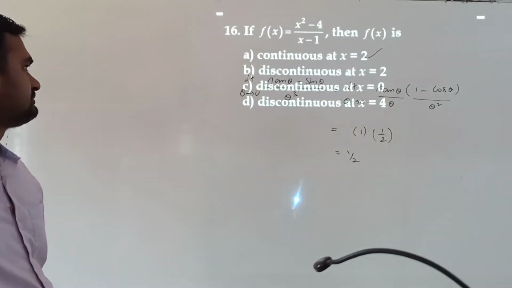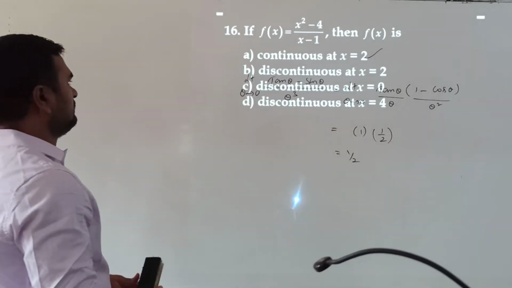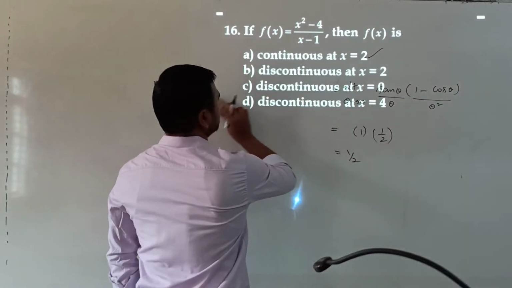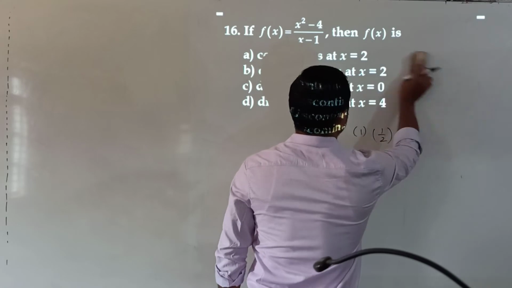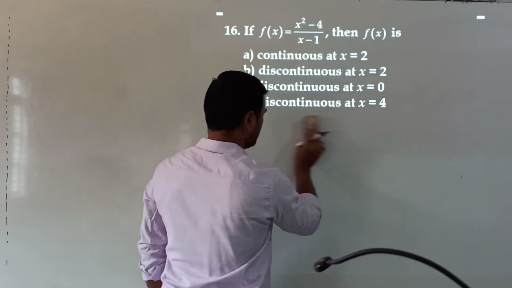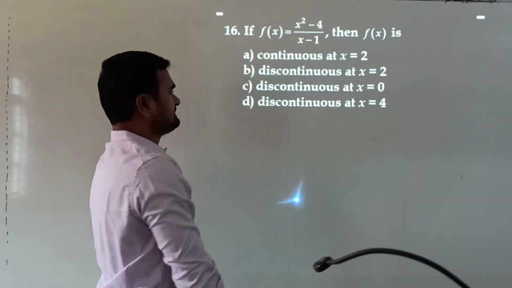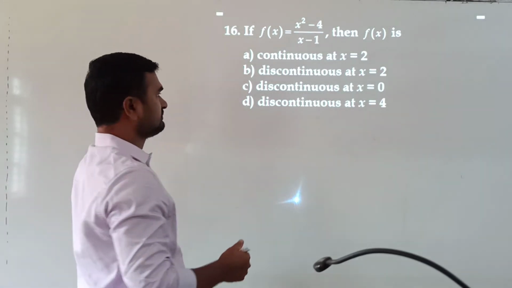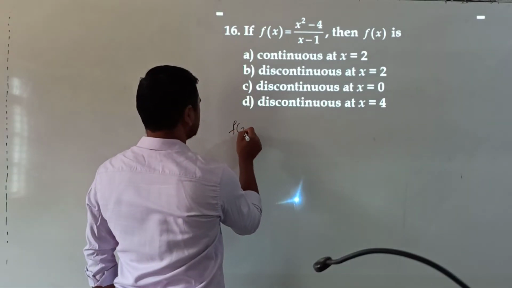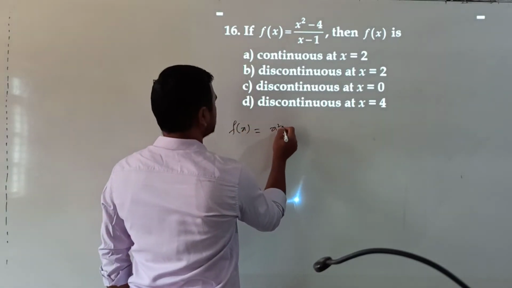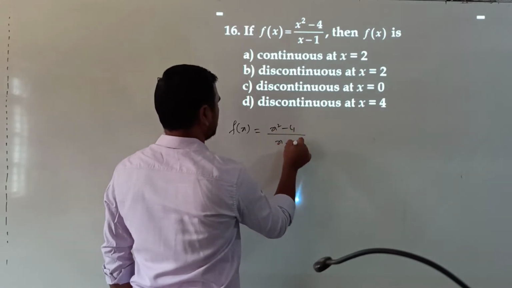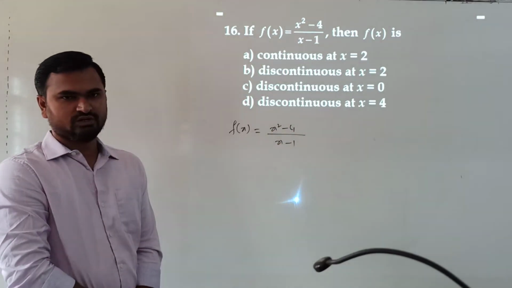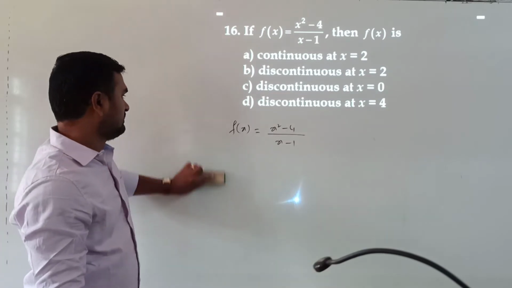See the next question. If f of x is given, then f of x is, options are given: continuous, discontinuous at some points. So f of x is x square minus 4 divided by x minus 1. Okay, so this is the function given.